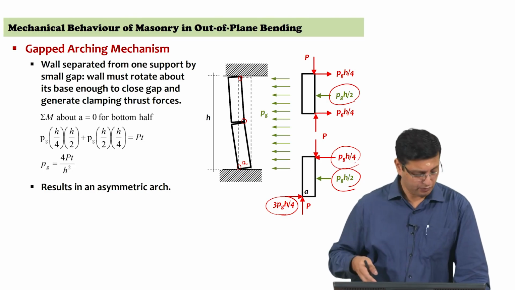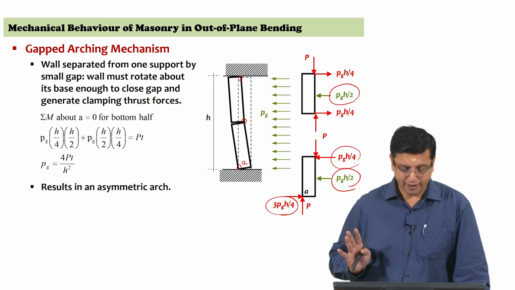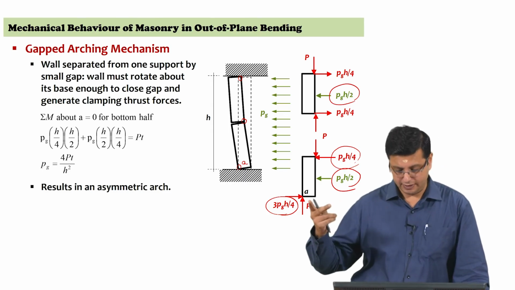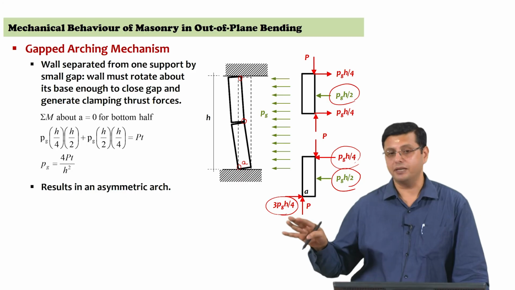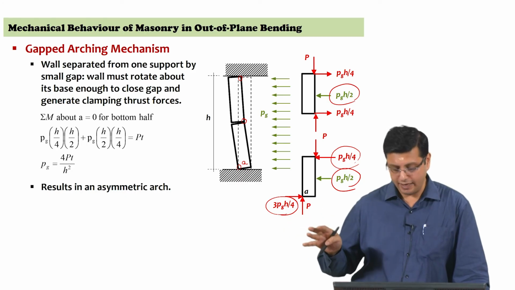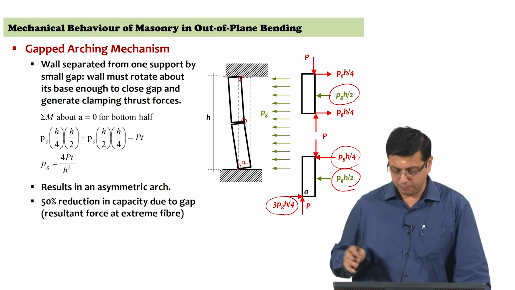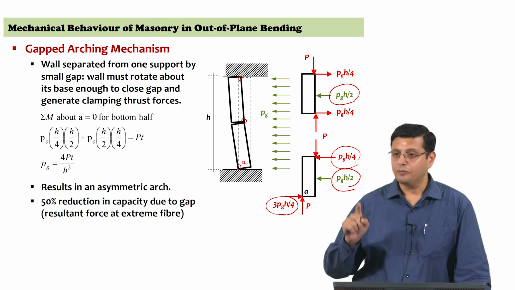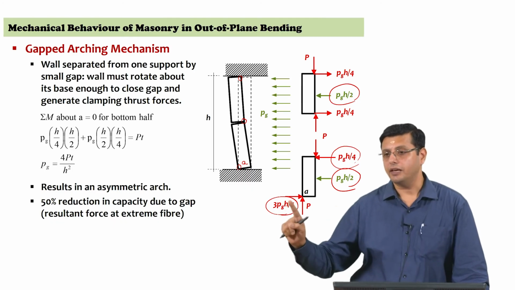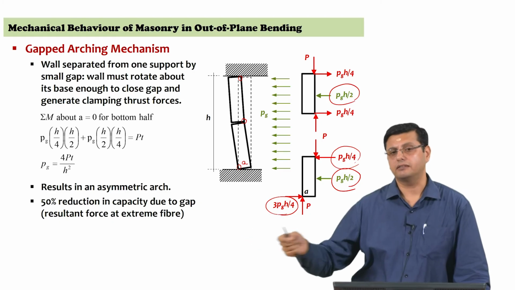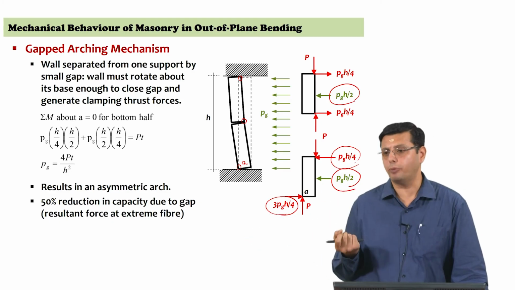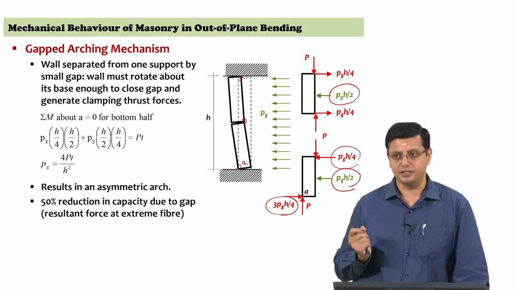Here with these assumptions that we have made in this particular case, two fundamental assumptions, that the crack is happening at mid height, and the second assumption that we are making is a simplified analysis where we are assuming that the hinge itself is occurring, that the area in compression is a point, and it's a perfect hinge.